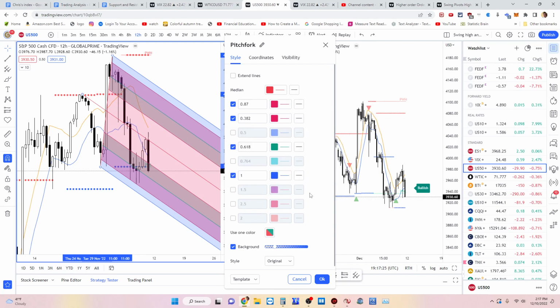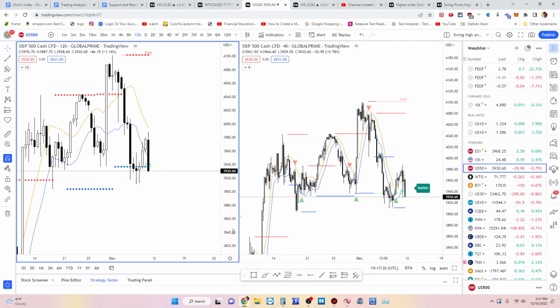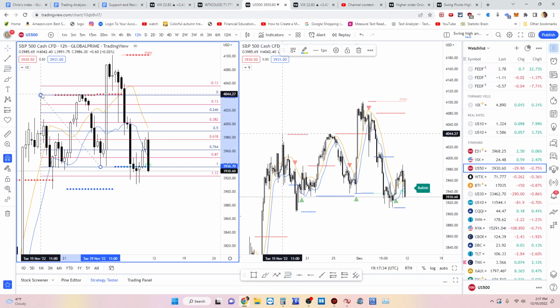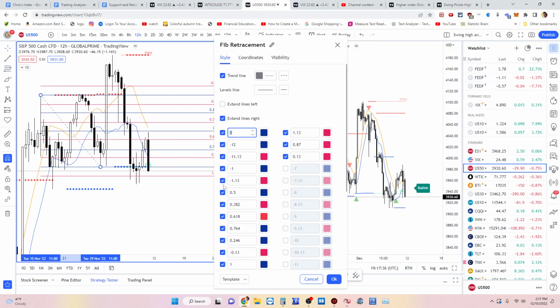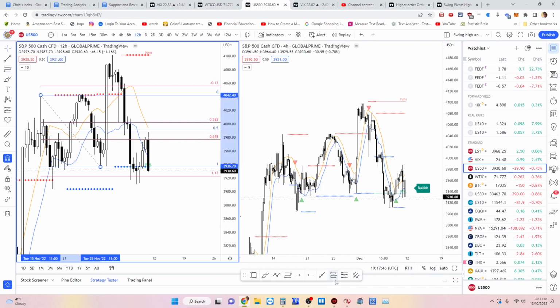So that's kind of the fib settings I like for the pitchfork, and then for the fibs here, I typically like to have this has got all of them, but typically if I want it less crowded, I get rid of these and I just look at the 0.382, the 0.5, 0.618, and then the fake out zones.